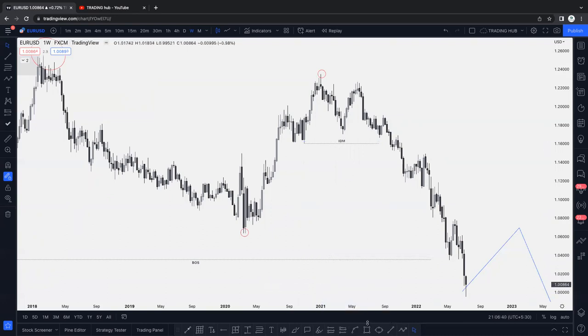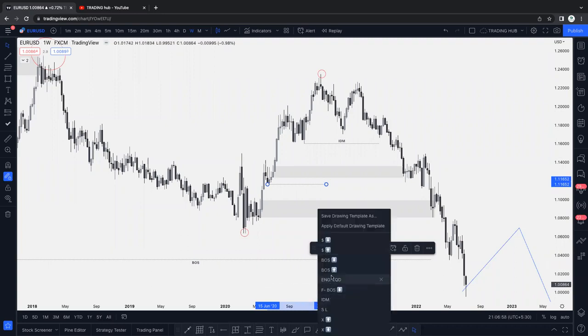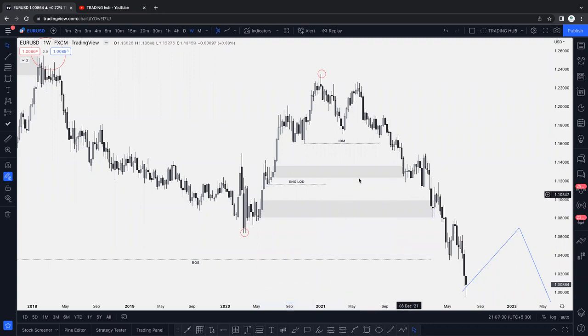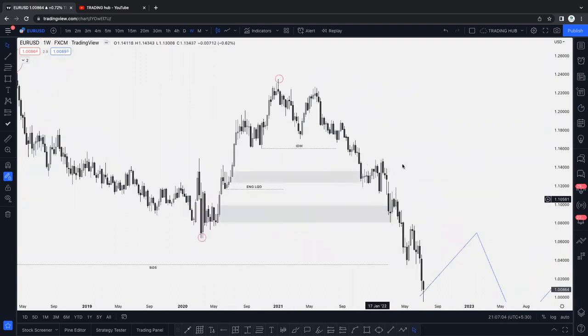And this one is our inducement, and this is our demand zone, because this is an inducement. And where is the extreme, which is here and at this point, and this low acts like an engineering liquidity, which is here, correct?